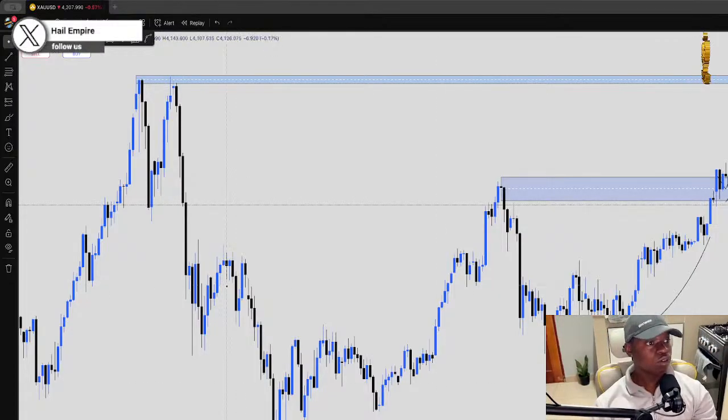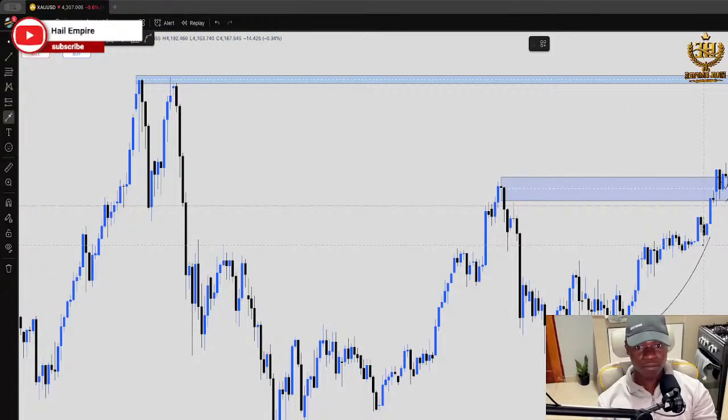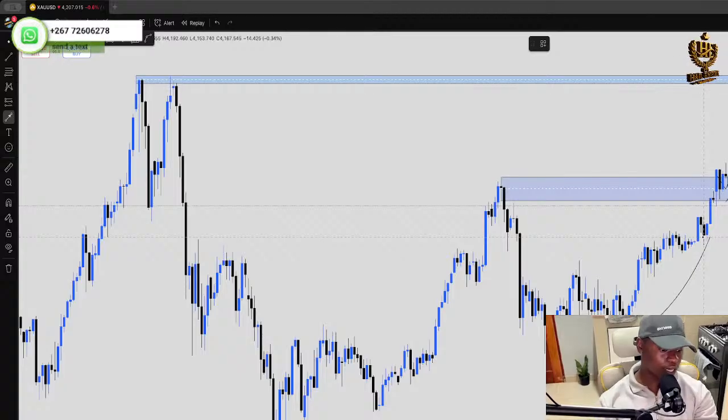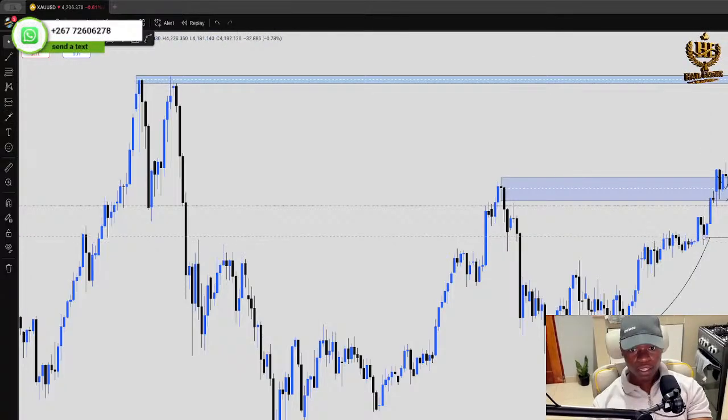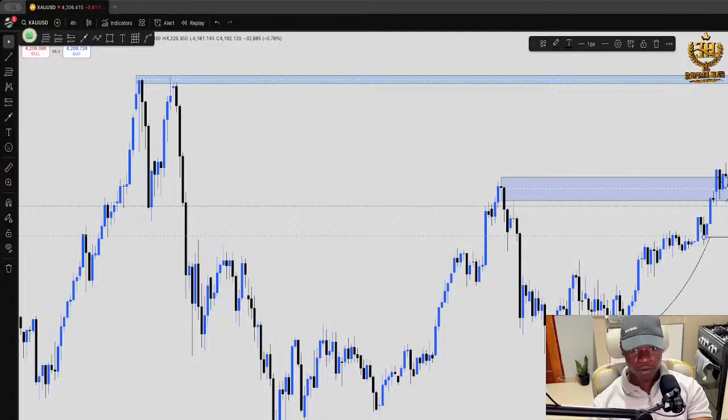So one will ask, where will my first TP be? Because it's a 4 hour time frame. The first level that I'm looking at is this level here. That will be your first take profit.